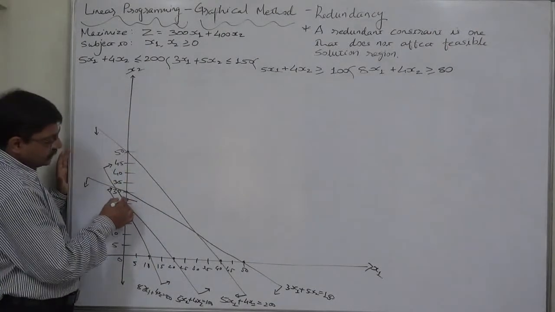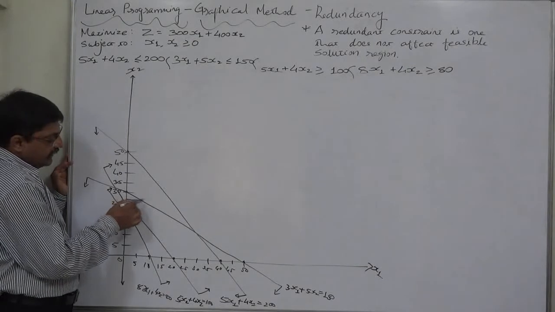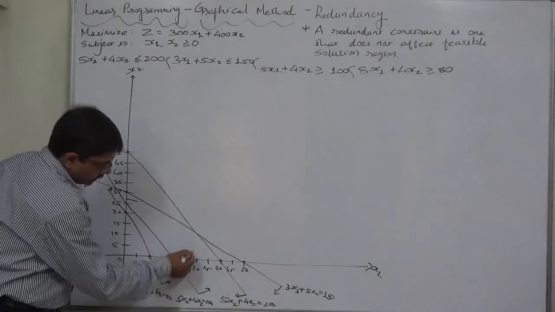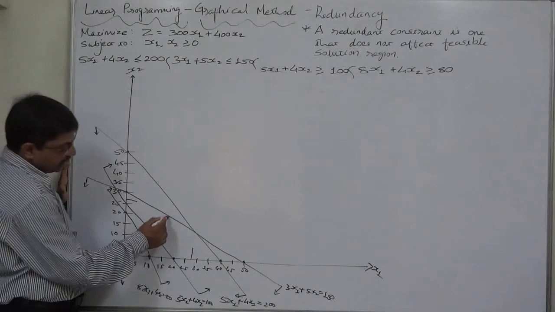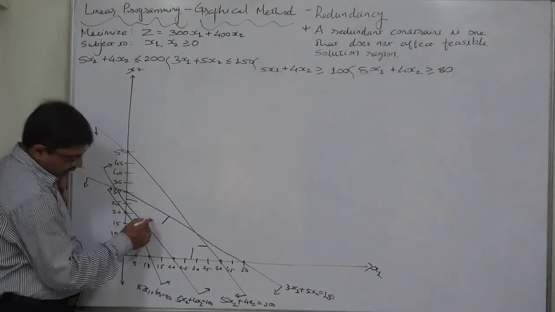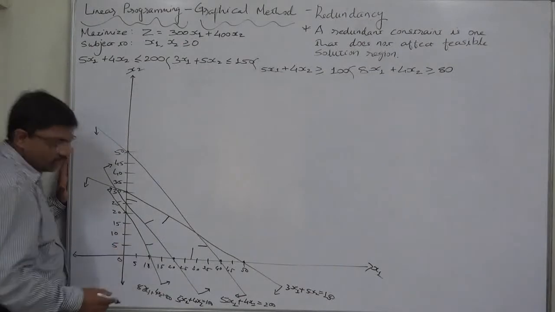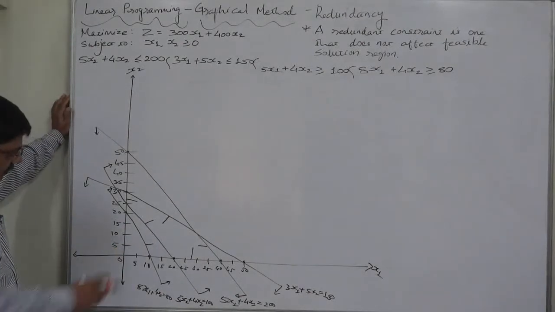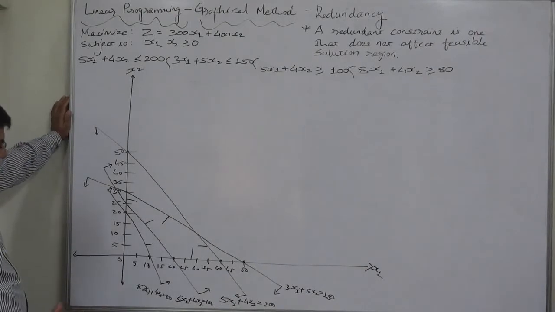This is x1 greater than or equal to 0, this is x2 greater than or equal to 0, and here also in this way, and this is out of the common region. We can say that.